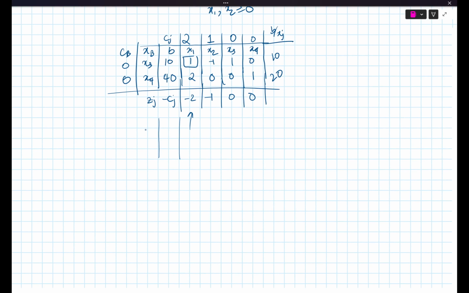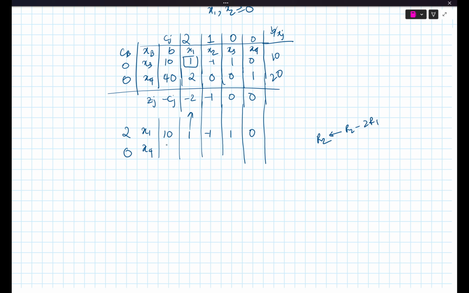So x3 is replaced by x1. x4, x1 coefficient is 2, still 0. So we already have this as 1. This one we will do 2 times row 1, like row 2 is row 2 minus 2 times row 1.